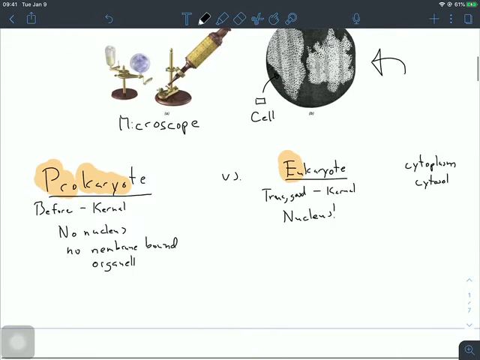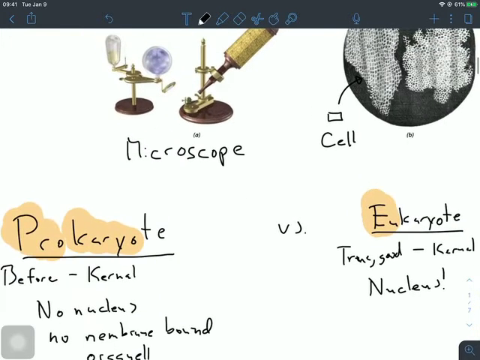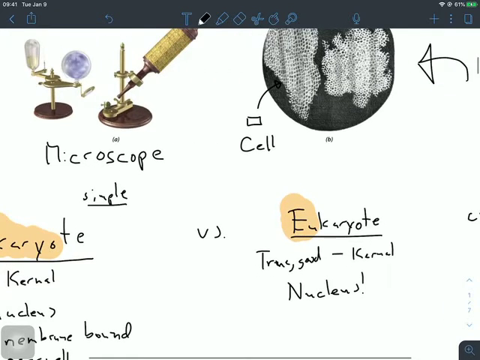But rather than having one major soup that all of our metabolic reactions are taking place in, like in prokaryotes, eukaryotes can have cell specialization, where each different membrane-bound organelle can do something slightly different. So you will generally see prokaryotes as much more simple and eukaryotes as much more complex.